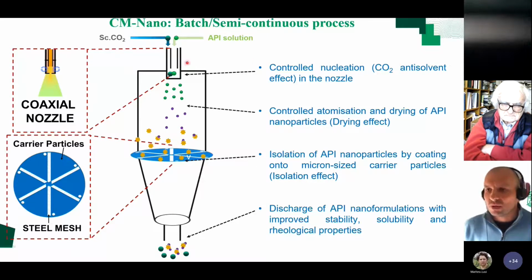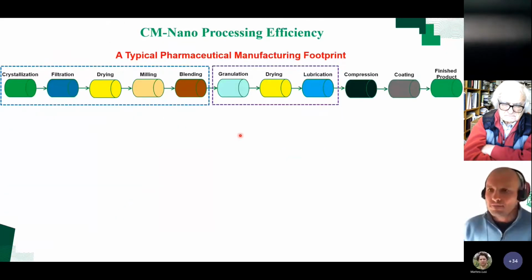So we have controlled nucleation using the CO2 anti-solvent effect, atomization and drying of nanoparticles, coating of nanoparticles onto micron-sized excipient, and then discharging these API nanoformulations. This allows us to convert nano-sized particles into a formulation that can be directly compressible into a tablet.